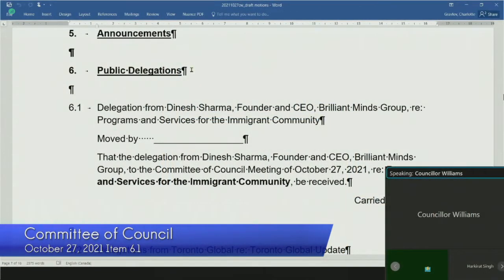I think it's just in the new year, as we approach our roadmap to fully opening, that we have Dinesh's BMG group in mind, because they're going to be looking for space. When we look at the city of Brampton, especially our downtown location, it has close proximity to the Brampton Entrepreneur Center, the Beehive, and all of our other great spaces that encourage new immigrants and new entrepreneurs to explore our city and grow a business here.